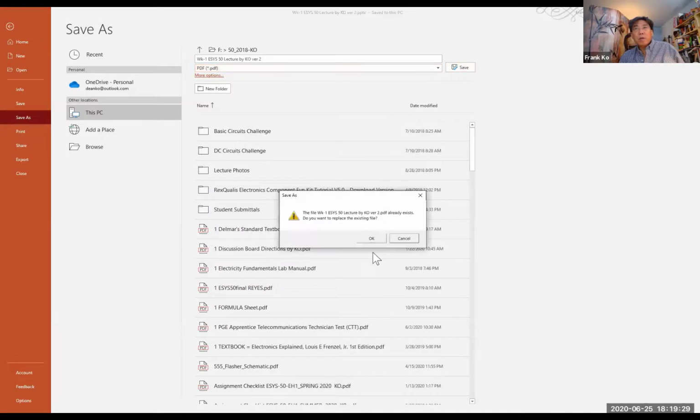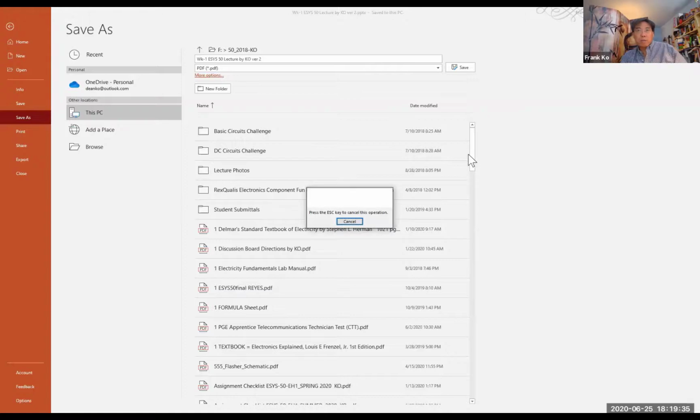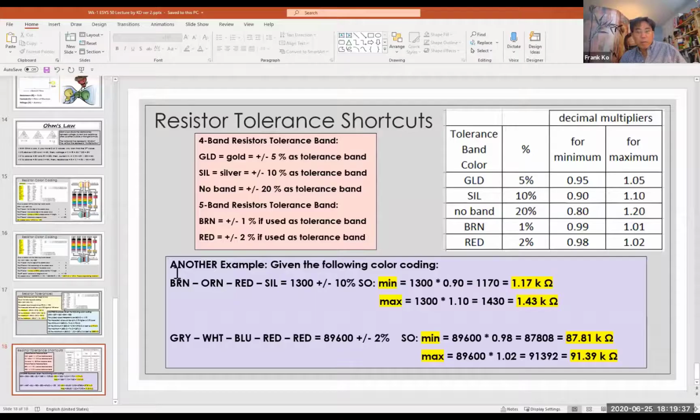Save and replace that. Okay, that has been saved. Any questions before we move on? Okay, I'm going to close these PowerPoints.